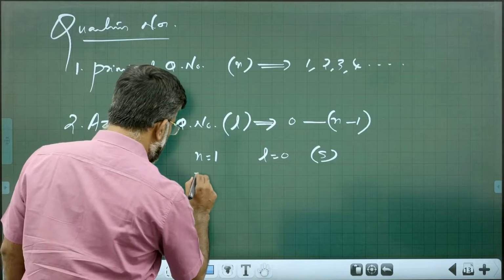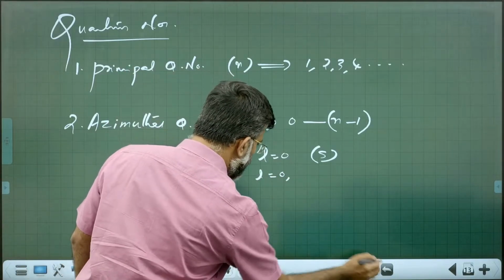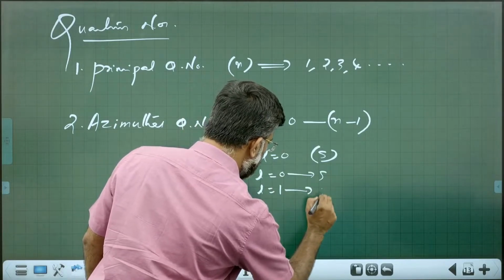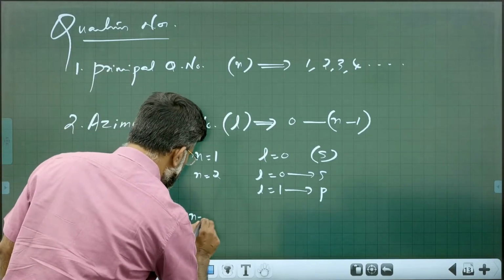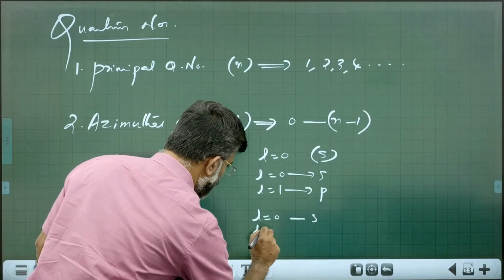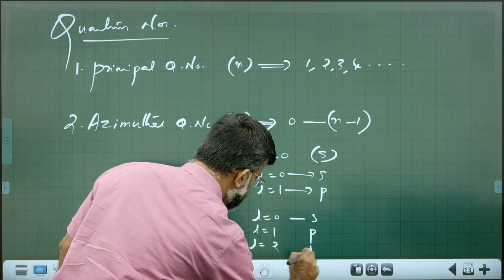Suppose n equal to 2, L equal to 0 and L equal to 1: this is S subshell and this is P subshell. Suppose n equal to 3, L equal to 0 is S subshell, L equal to 1 is P subshell, L equal to 2 is D subshell.